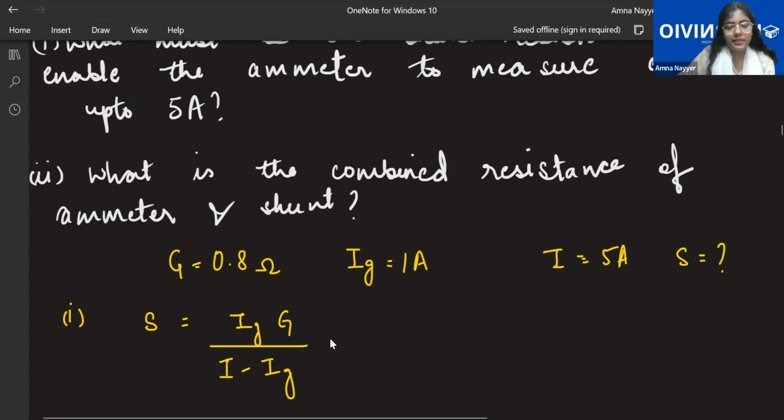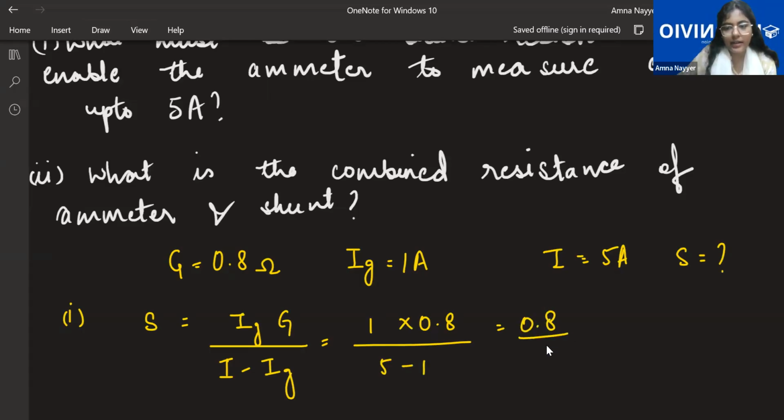So this is 1 into 0.8 divided by 5 minus 1. So 0.8 divided by 4, which is 0.2 ohm. Yes?